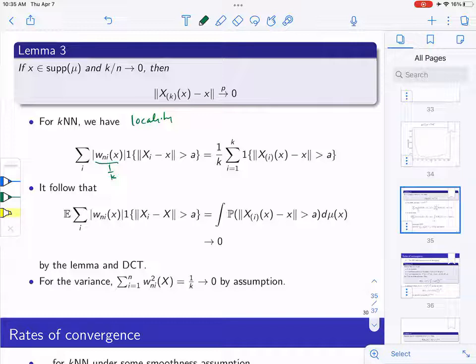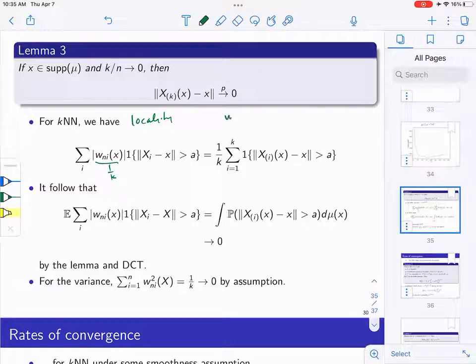If you think about this inequality I have here, if the ith data point minus x satisfies this, then I have it in the sum, and I get 1 over k here. Otherwise, if the ith data point is closer to x, then... this is sort of a tautology, but can you see it, or should I explain more?